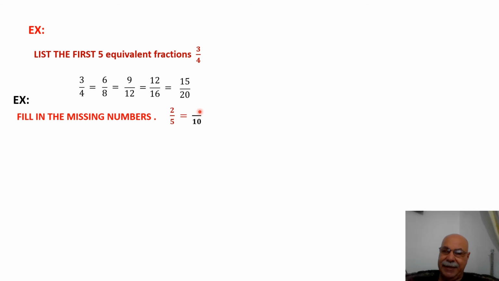Which number, if I multiply by 5, gives me 10? It is 2. 2 times 5 gives me 10. So the same number I multiply by the numerator: 2 times 2 gives me 4. The missing number should be 4.